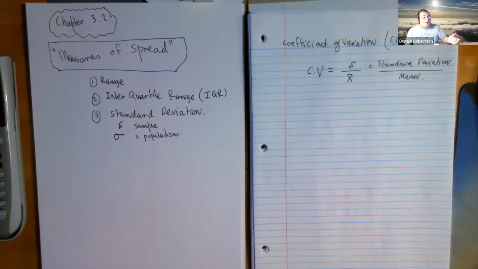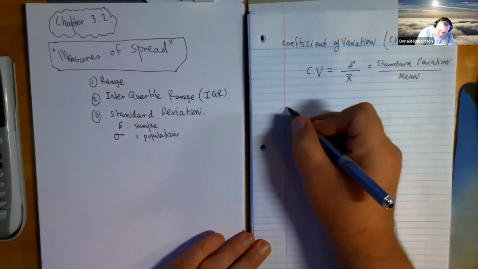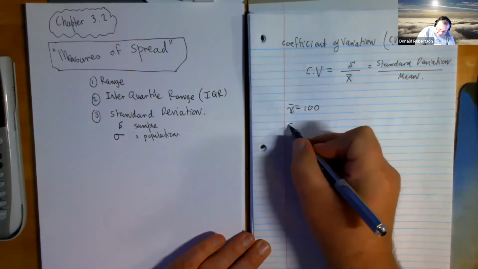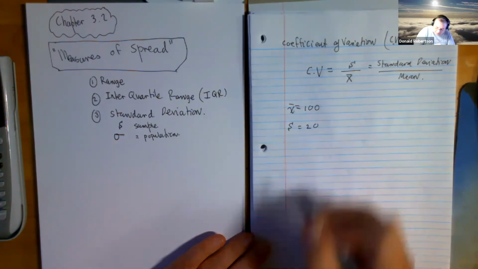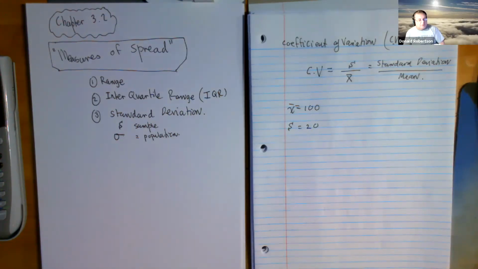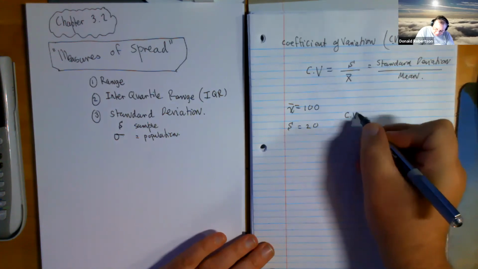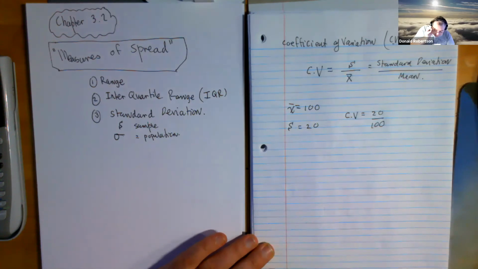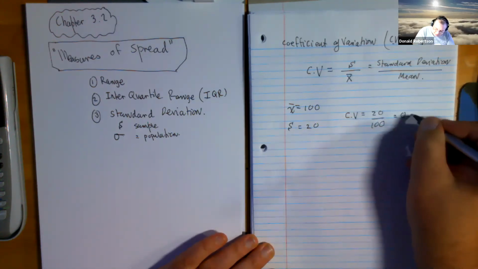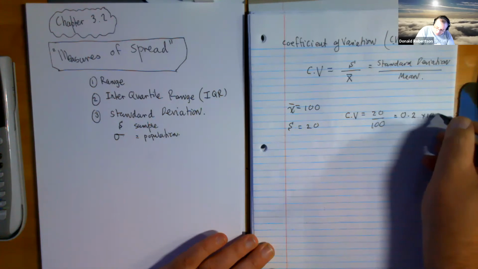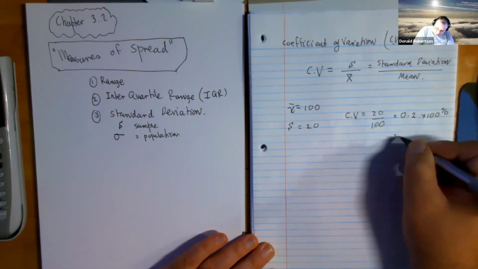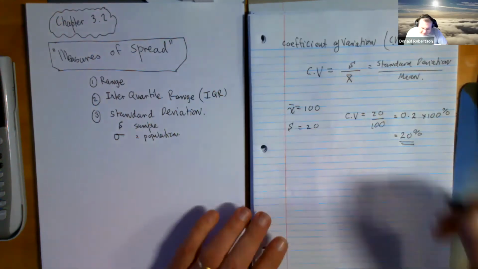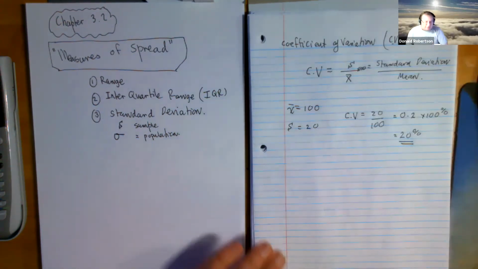So, for example, suppose I had a data set and the mean was 100 and the standard deviation was 20. Then the coefficient of variation would be 20 divided by 100, which is 0.2. But the coefficient of variation is always written down as a percentage value. So technically, I should say times 100 to make it a percentage.